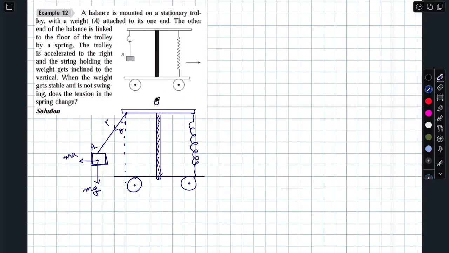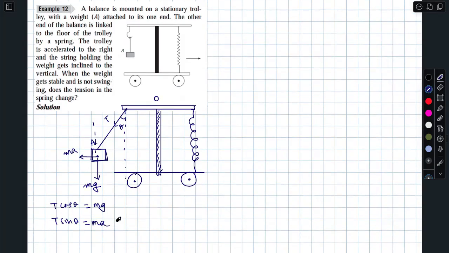Now let O be the fulcrum point. Now the question is, in the equilibrium condition, T cos theta is mg and T sin theta is ma. Agreed?